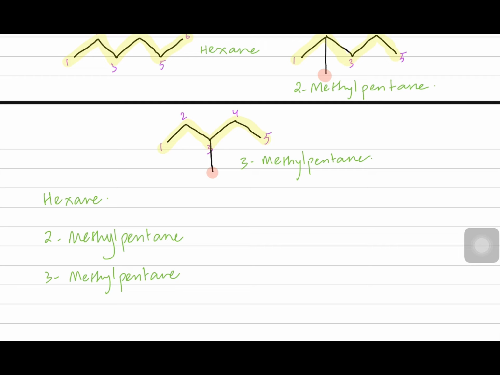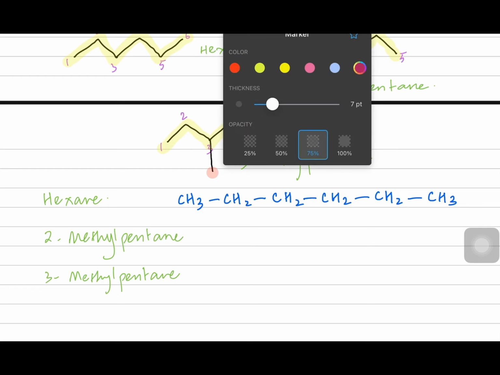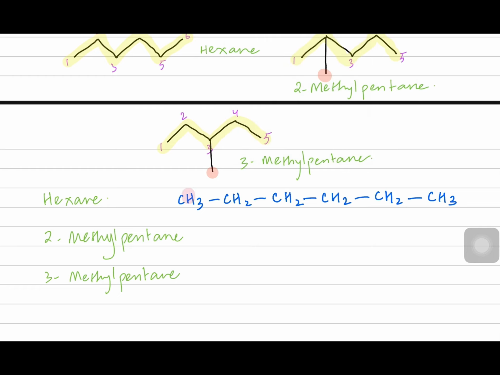While I'm writing these, I would highly recommend you guys think about the condensed formula. Hexane would be written like this: CH3, CH2, there are 4 more CH2s in total, and then again CH3. So you can have carbon 1, 2, 3, 4, 5, 6 in a straight chain.